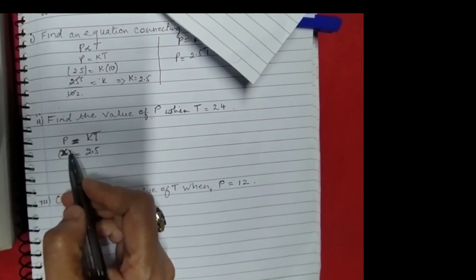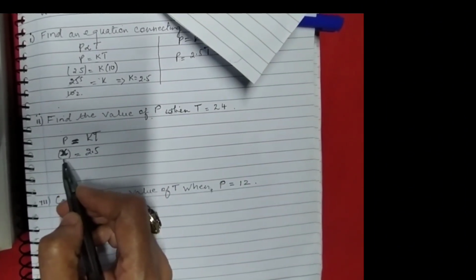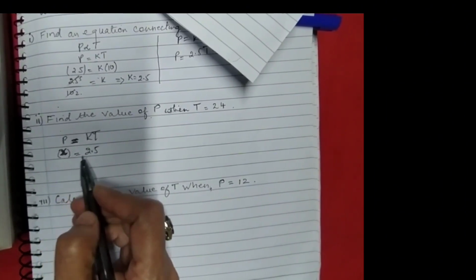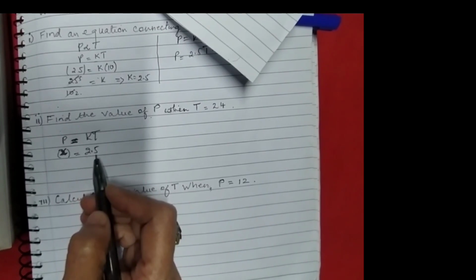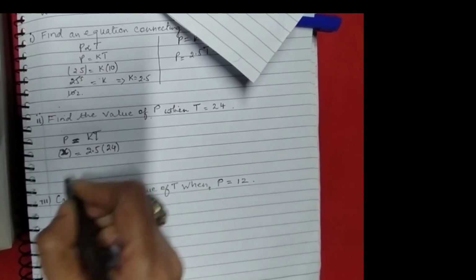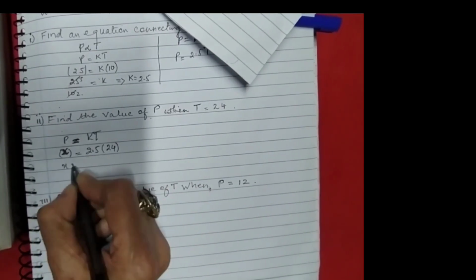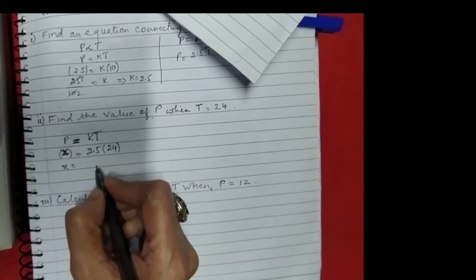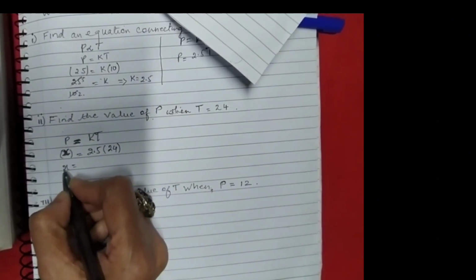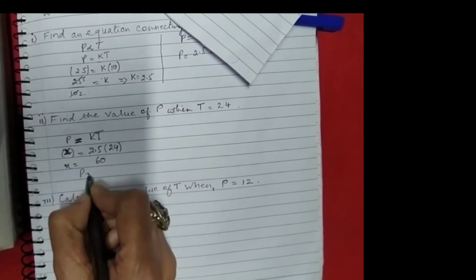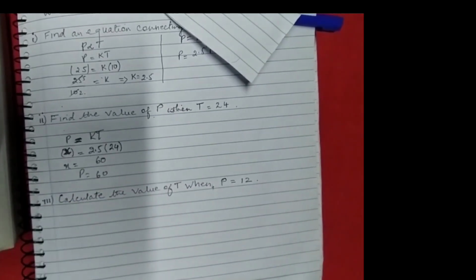So your P is equals to KT, and we don't know the value of P. Okay, and our K is 2.5 and our T is 24. So here you're going to multiply this 2.5 with 24, and your result will be 60. This means your P is 60.